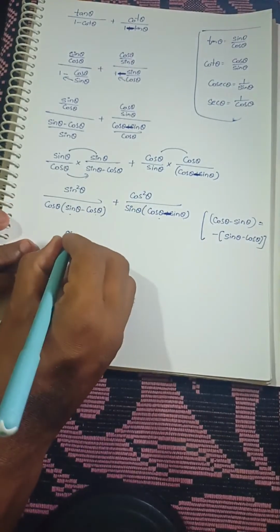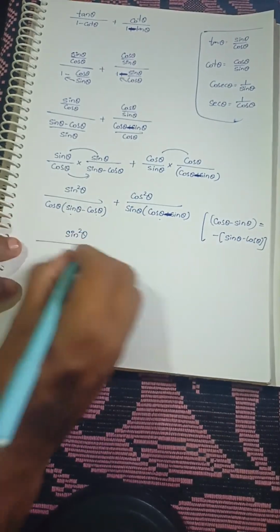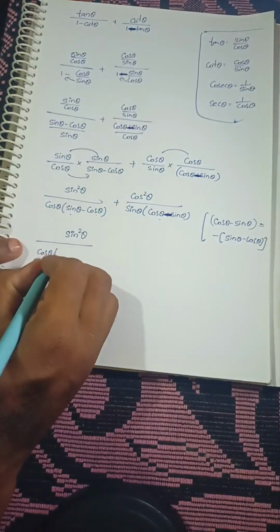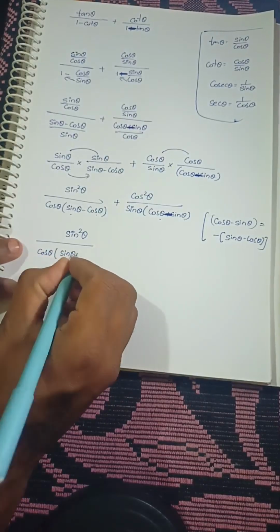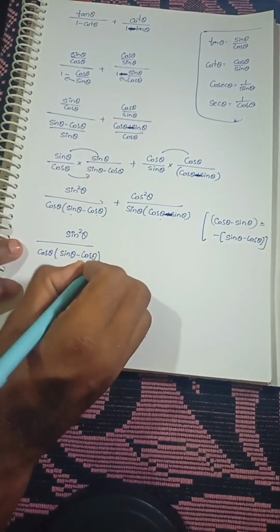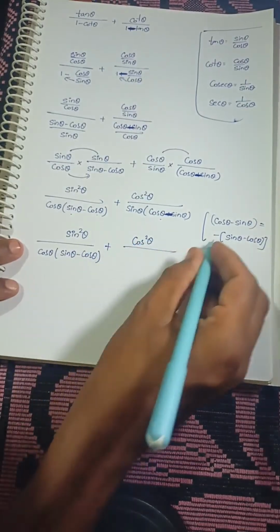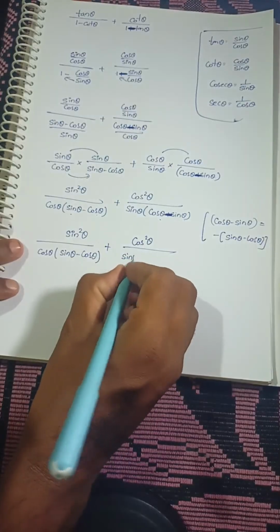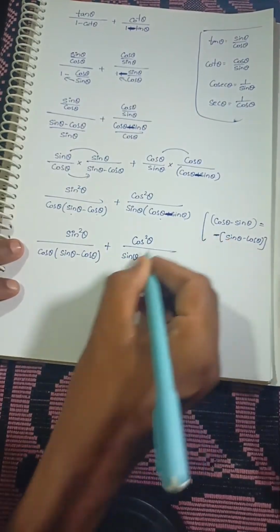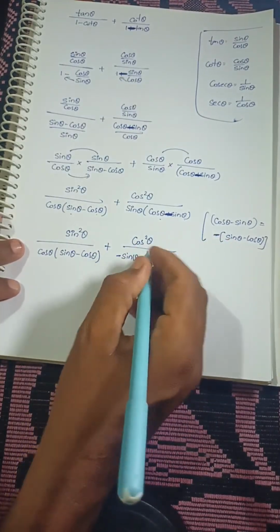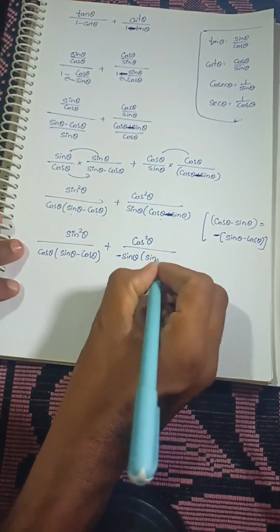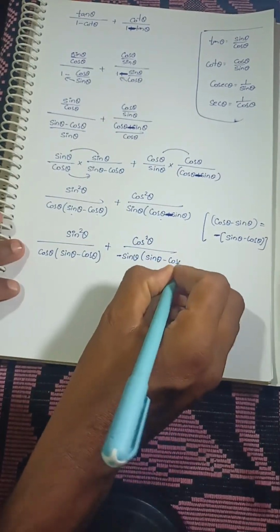See, sin square theta by cos theta into sin theta minus cos theta plus cos square theta by sin theta into, here we are writing minus, that minus I am writing outside, minus sin theta minus cos theta.